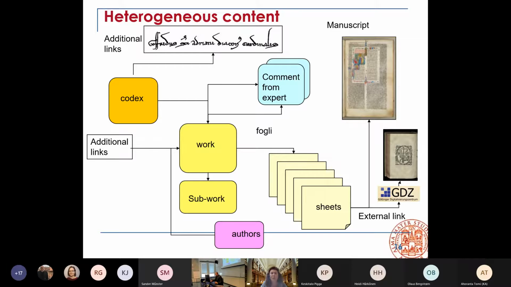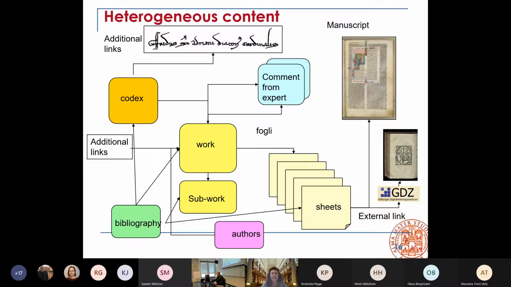So in the same Codex, it is a book, we can find different other works independently. And we have also bibliography connected with the work. Bibliography comes from scholars, from professors, from experts.